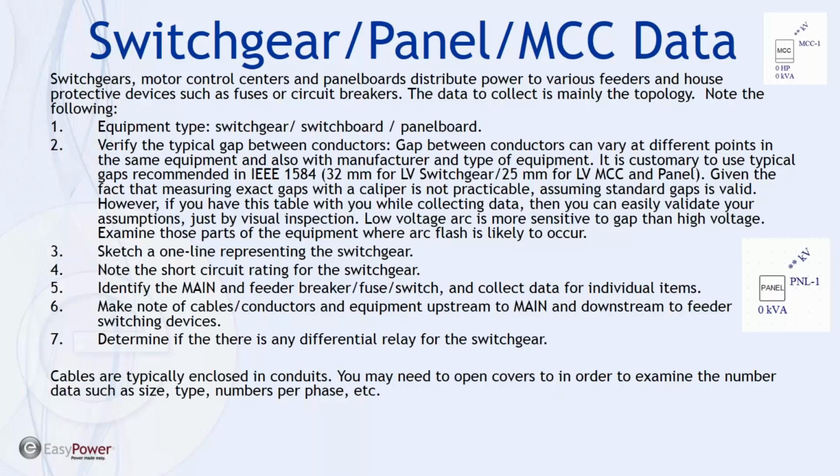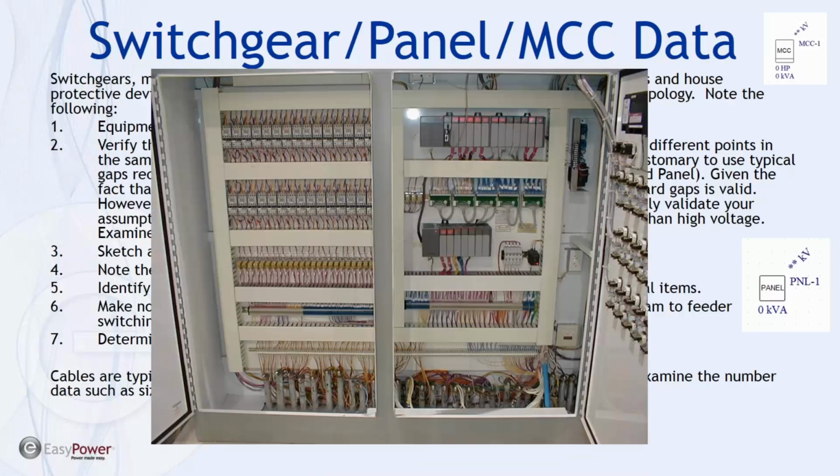Sometimes things are not as they're recorded on a one-line diagram from previous studies in terms of cables that could be added or multiple connections made, frankly, in violation of code. And on the other hand, it could be very neat, which makes life much simpler for data collection.